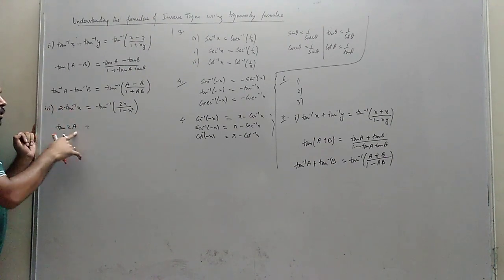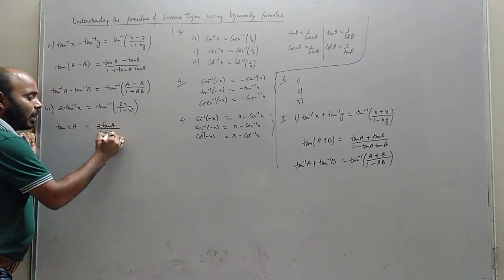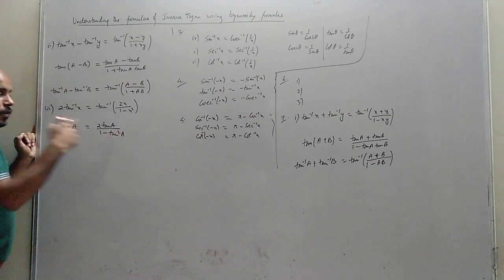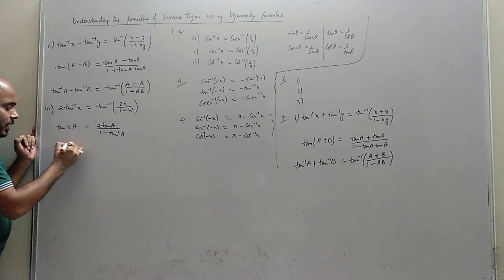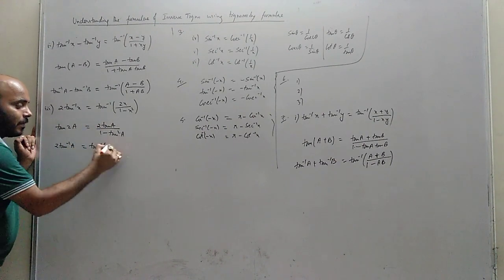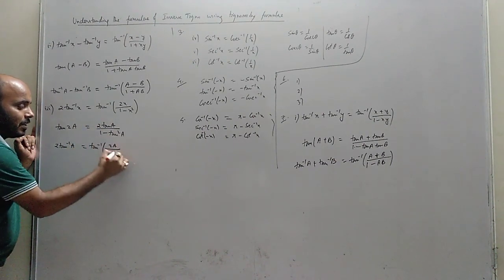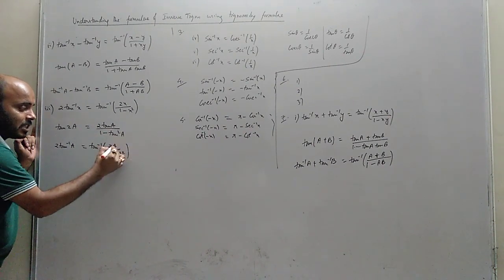What is the formula of tan 2a? 2 tan a by 1 minus tan square a. This formula I know. So now I will convert this into inverse: 2 tan inverse a equals tan inverse of 2a by 1 minus a square. The tan went outside.